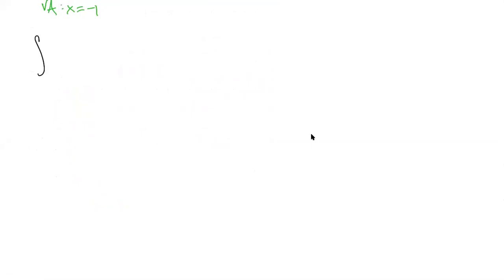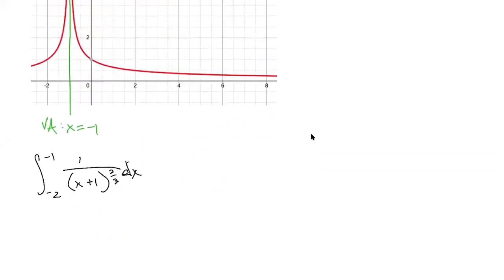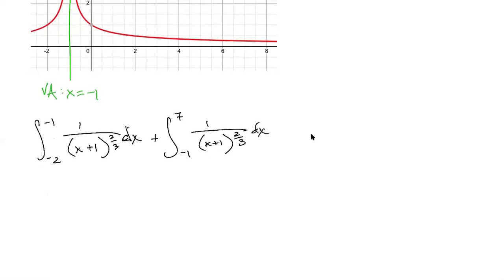I've got the integral from -2 to -1 of 1 over (x+1) to the 2/3, and then plus the integral from -1 to 7 of the same function. All right.